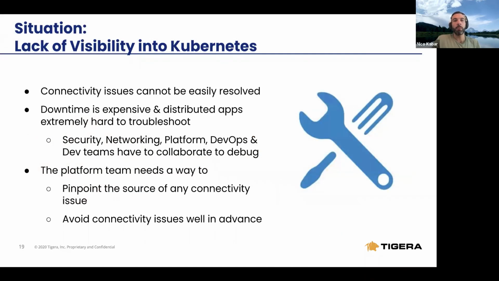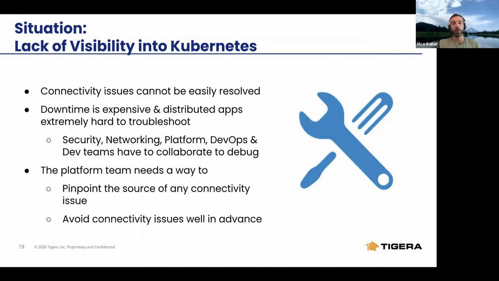The problem that we see a lot of users face is connectivity issues with microservices. That can result in downtime, and of course downtime can be expensive, costing actual money for a lot of our customers today. If a certain mission-critical application goes down, they can quantify the cost associated with the downtime.